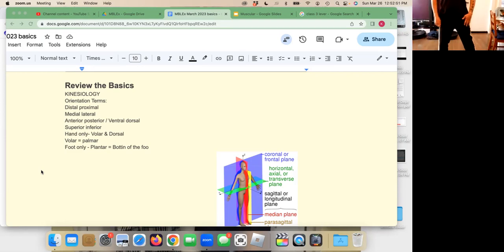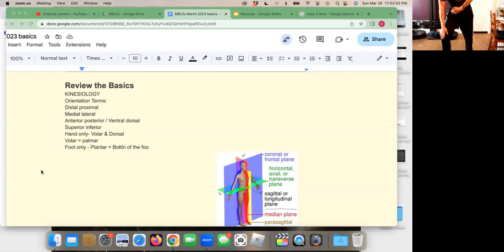So for superior and inferior, the pelvis is superior to the knee, but the knee is superior to the foot. The knee is inferior to the pelvis, right? Remember, it's all relative, but superior is up, inferior is down. Lateral is to the side, away from the midline. Medial is toward the center or toward the midline, right?